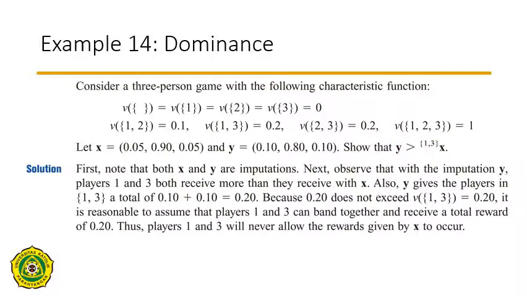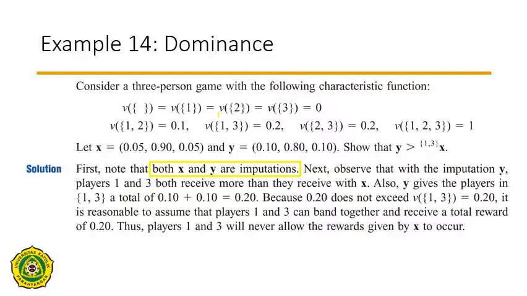First, we need to show that both x and y are imputations. So you need to make sure that x and y both satisfy group rationality and also individual rationality. In this case, yes, they are both imputations, but I strongly suggest you do the check, okay?